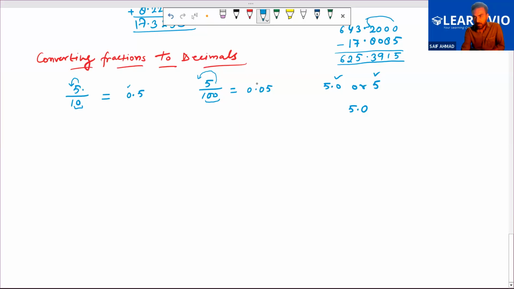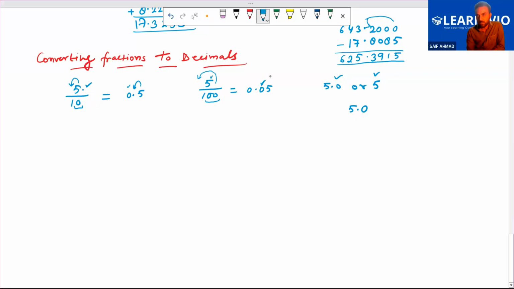For the first one, how did you do 5 upon 10? Here is only 10, so the hidden decimal comes before one digit. In the second case, here is 100, so the decimal comes before two digits, but you have only one digit here, so you have to make an extra 0.